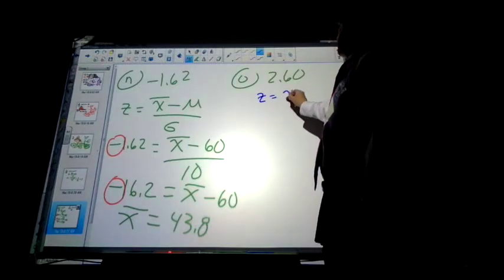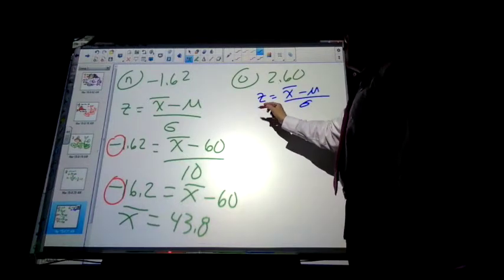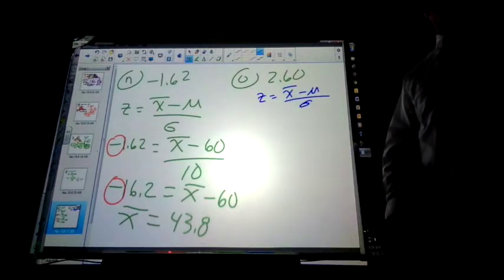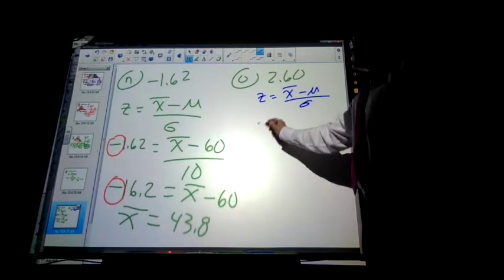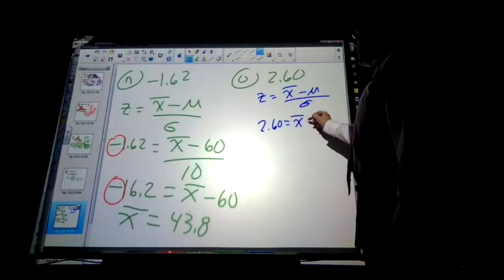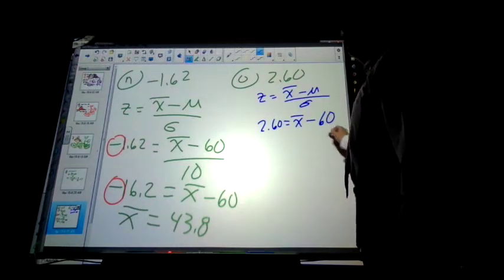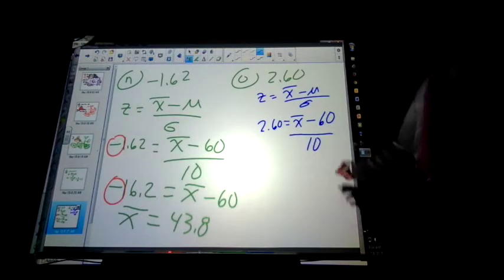Z equals x bar minus average over standard deviation. So what is 2.60 in this case? What letter? Z. I'm looking for my observed, and then my standard deviation we know from the problem. We know our average is 60. Our standard deviation is 10. Multiply.